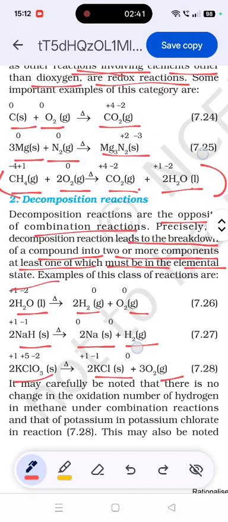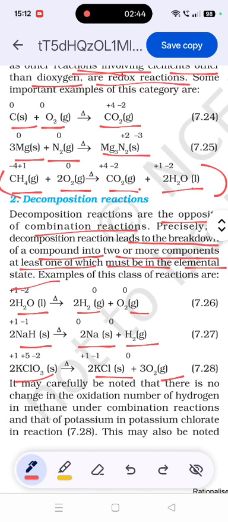When such a decomposition reaction is a redox reaction, whenever that compound is broken down, it breaks down to form two or more components, and in those components, at least one should be in the elemental state.